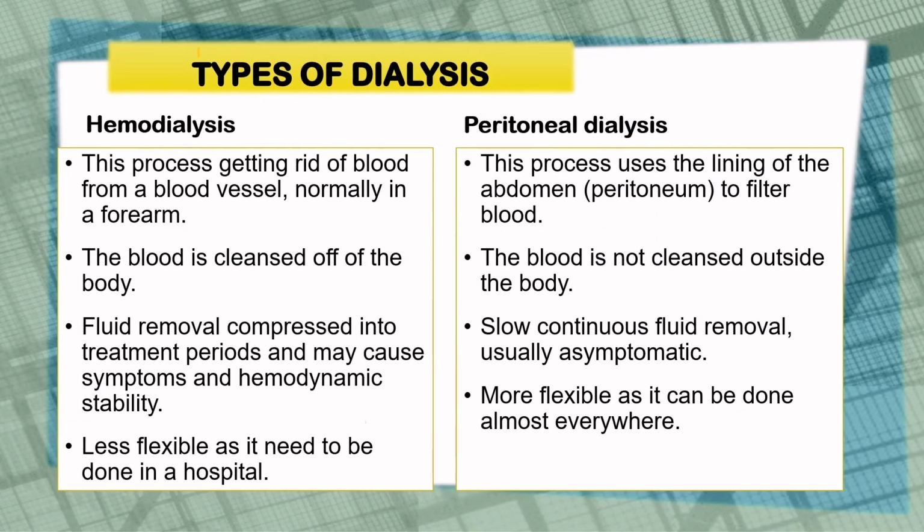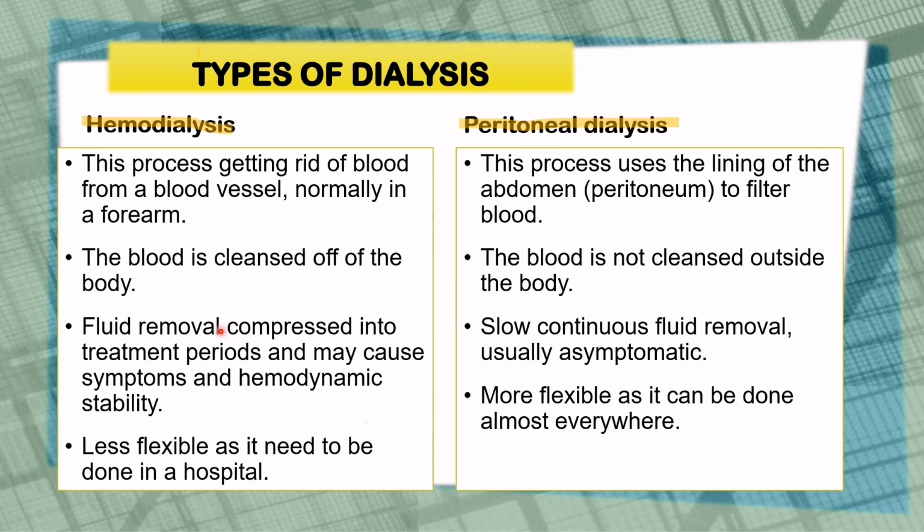There are two types of dialysis, which are hemodialysis and peritoneal dialysis. So let's see some of the differences between these two. Firstly, hemodialysis removes blood from a blood vessel, normally in the forearm. Meanwhile, peritoneal dialysis uses the lining of the abdomen to filter the blood.